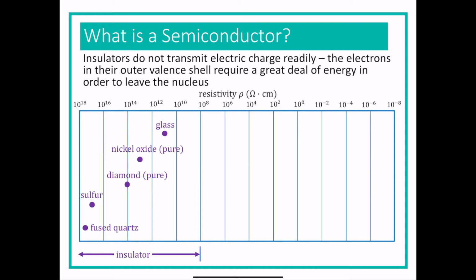So if we look at insulators, you know that insulators don't conduct anything. Most of you know that, even if you haven't had circuits, pretty much you know that an insulator is what doesn't allow current to flow. And good examples of insulators are nickel oxide, glass, quartz, things like that. And you notice they have very specific values of resistivity.